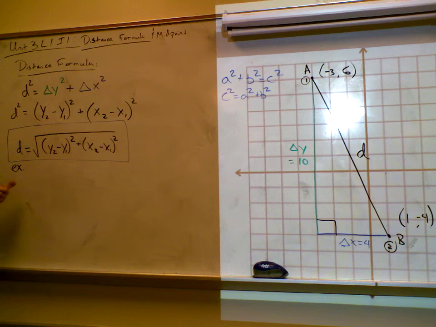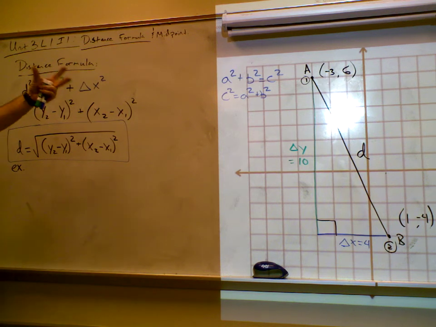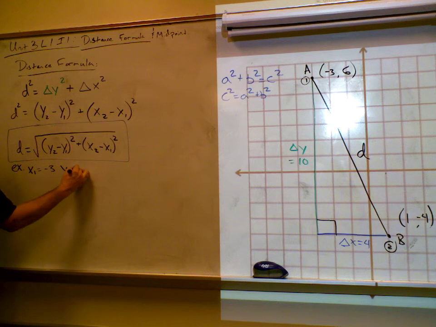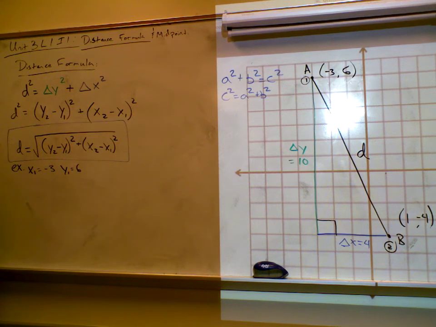Okay. All right. So we're going to figure out how to find that distance without drawing the picture. So that means I'm just using this equation, correct? Okay, what's x1? -3. Perfect. If x1 is -3, what's y1? 6. How do you figure that out, Ariane?